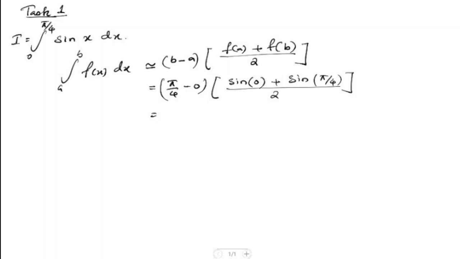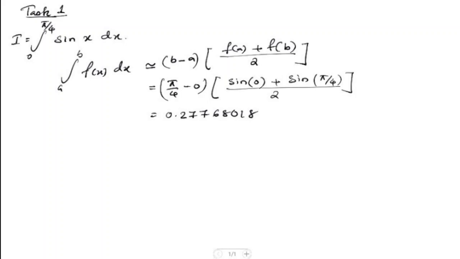So this is equal to 0.2776818. That's the approximated value using the trapezoidal rule.